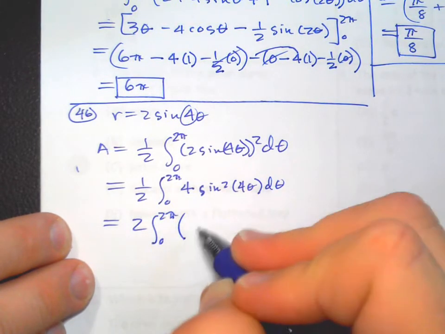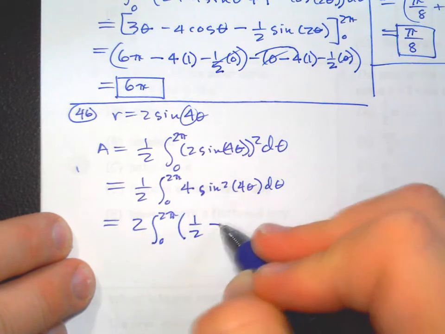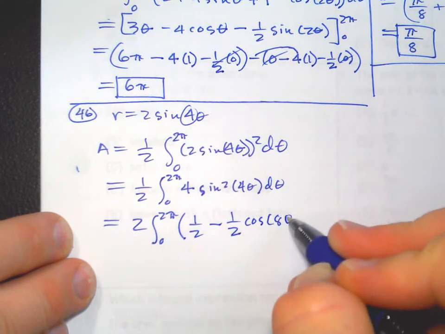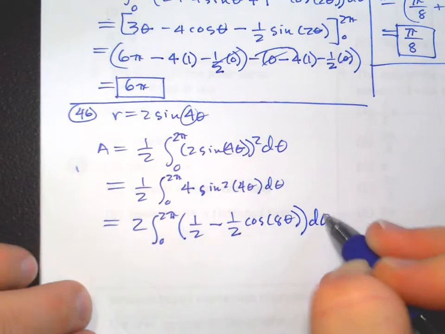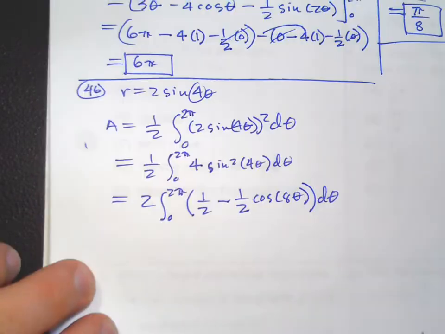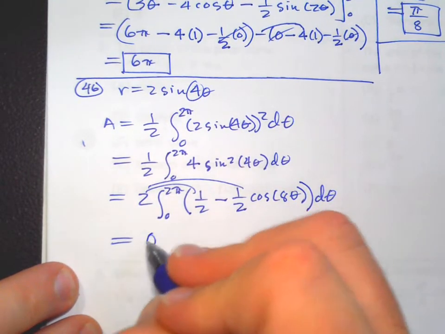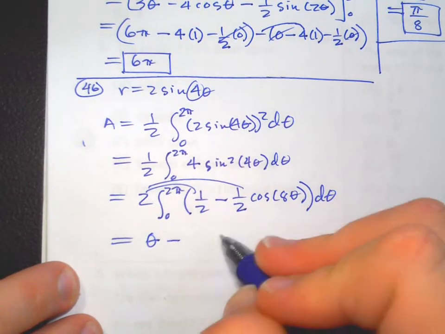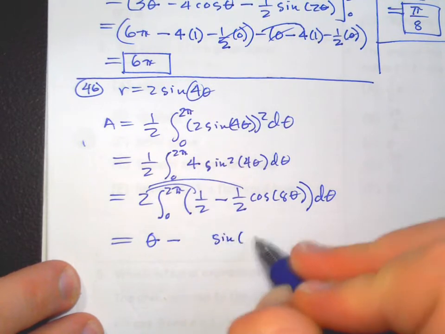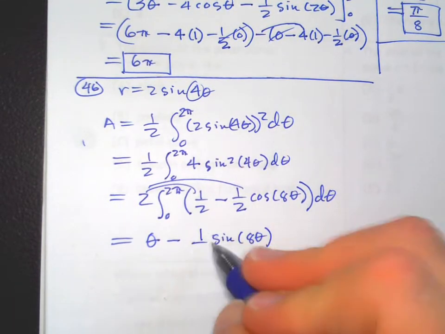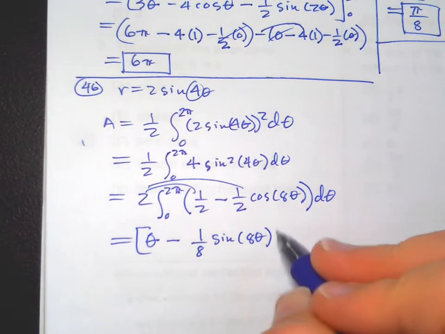This is going to be 1/2 minus 1/2 cosine double angle, double the angle that's in there. Okay. We could go ahead and distribute the 2 back in. The antiderivative would be theta minus, this is going to give you sine 8 theta. Now there's a 1 in front, but you got to divide by an 8 because of the extra 8 that's going to pop out.